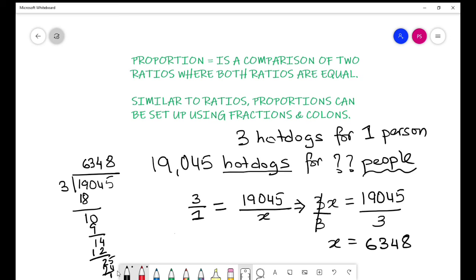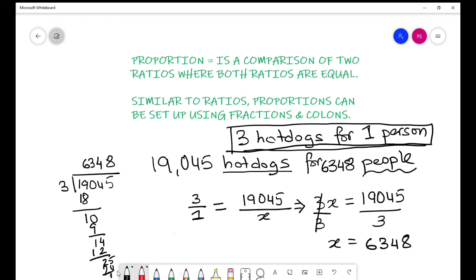That means if he had 19,045 hot dogs, according to his calculation, he should be able to feed 6,348 people. Not more than that, as long as each person consumes 3 hot dogs. But again, we can use this original ratio to solve for any quantity of hot dogs and the number of people.